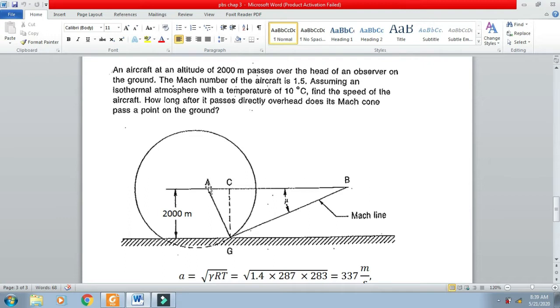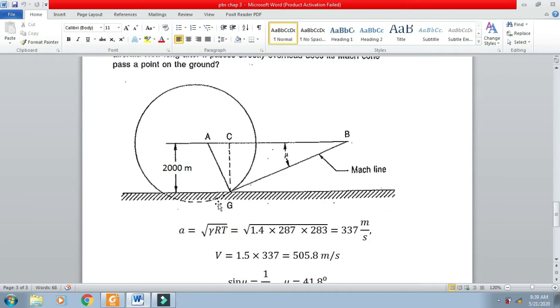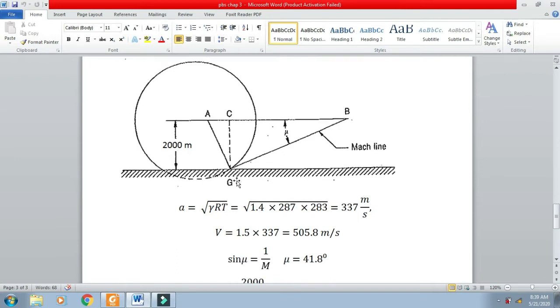So when the plane reaches B, the wavefront from A reaches the ground. As we discussed in the previous topic, the size of the wavefront is dependent on time. So after some time the wavefront will move and come in contact with the observer. When it comes in contact with the observer, the observer will know that the plane has passed.